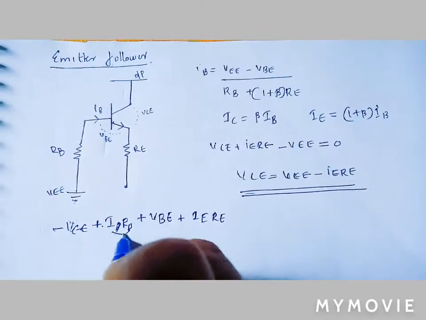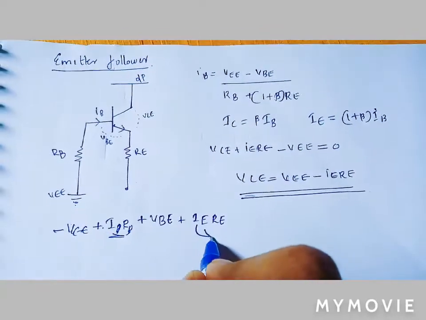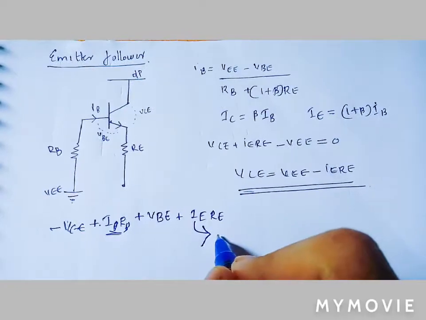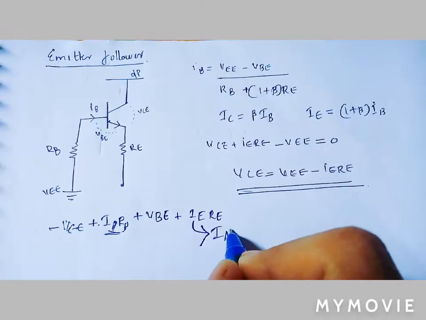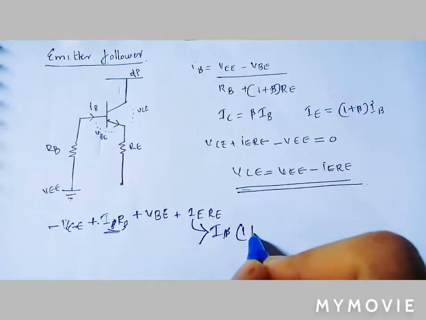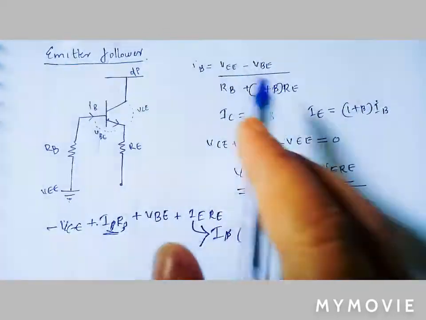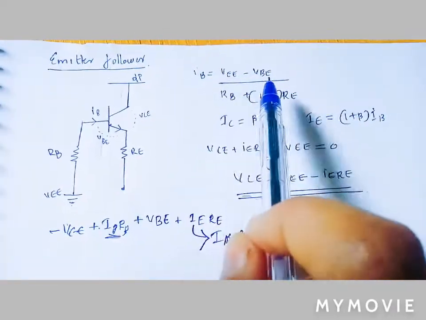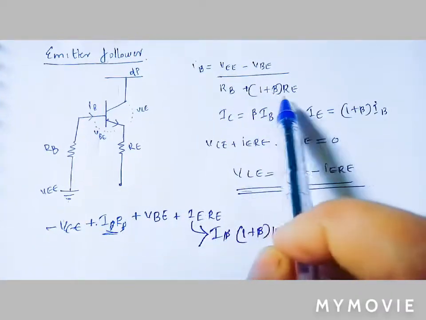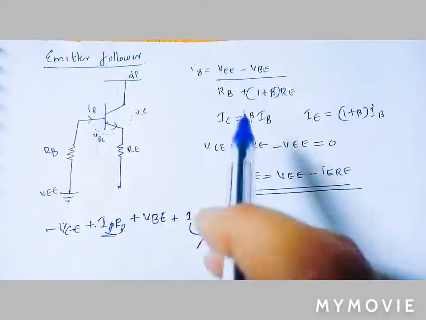We can convert IE to IB, so IB into 1 plus beta RE. So from that we get IB as VEE minus VBE divided by RB plus 1 plus beta RE.